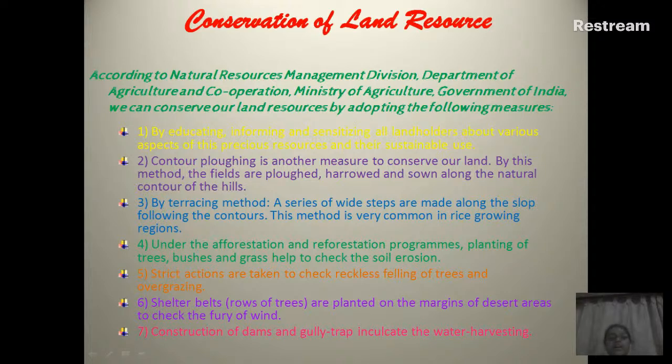Therefore the present rate of degradation of land must be checked. So afforestation, land reclamation, regulated use of chemical pesticides and fertilizers, and checks on overgrazing are some of the common methods used to conserve land resource.